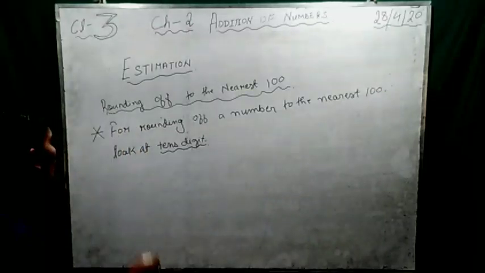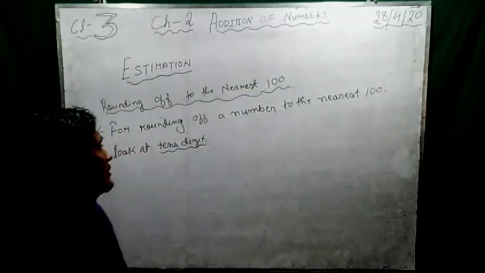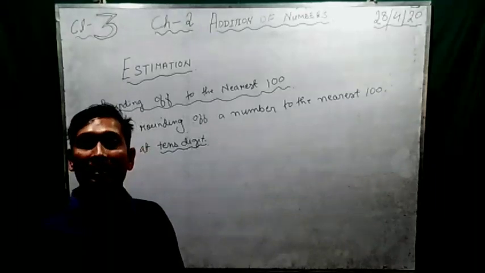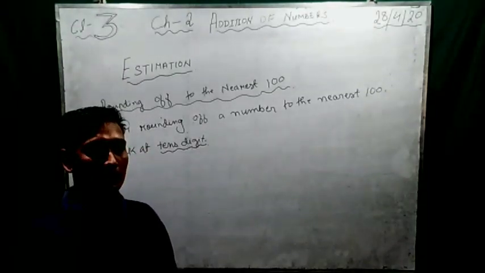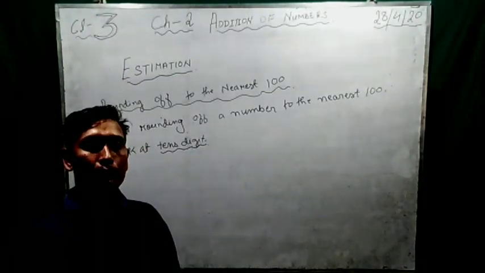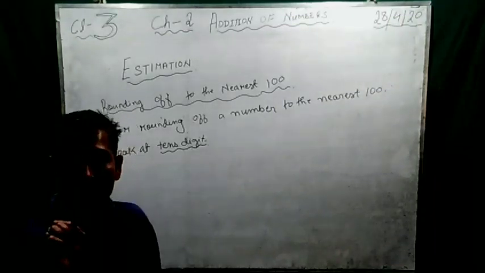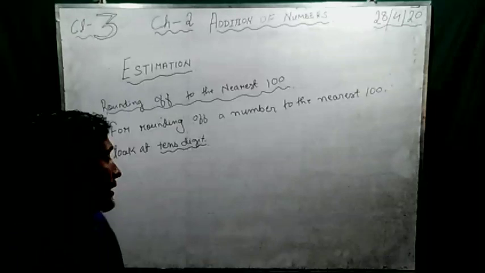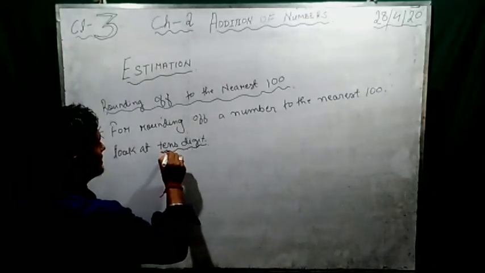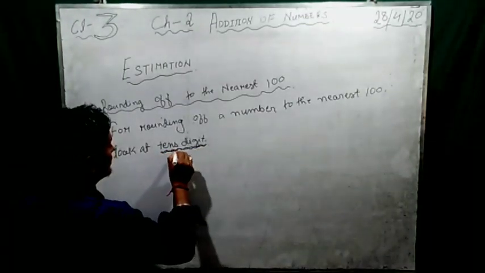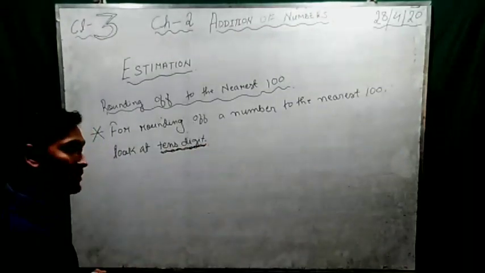When we are rounding off a number to the nearest 10, the most important thing is to see which place number, that is the tens digit. Okay, the tens digit.